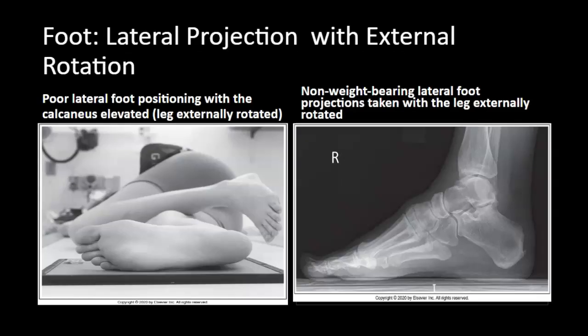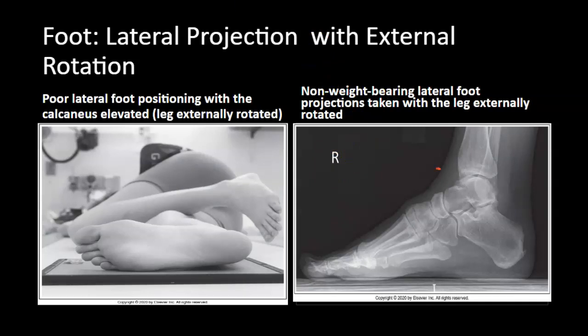Now, if the leg is externally rotated more than it needed to be to place that lateral foot surface parallel with the IR, in other words, placing more pressure on the forefoot, the lateral talar dome is demonstrated posterior to the medial talar dome, and the anterior fibula is posterior to the mid-tibia.